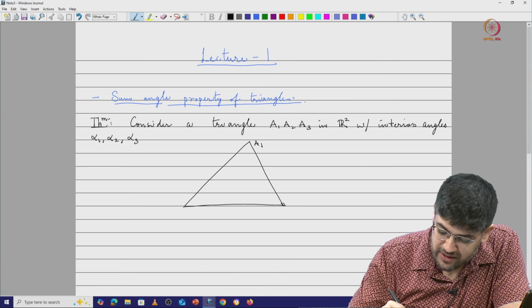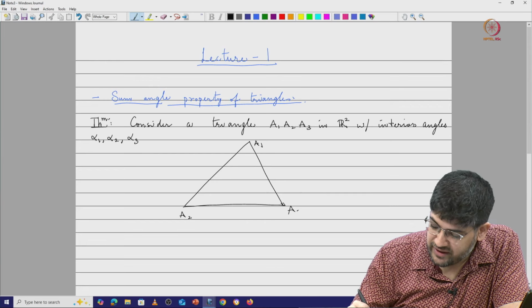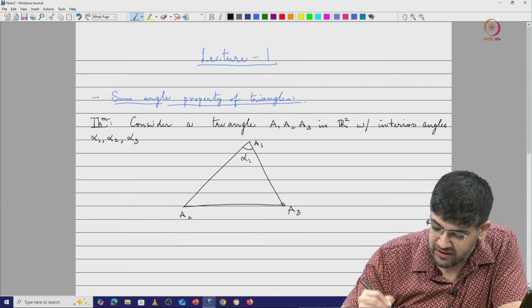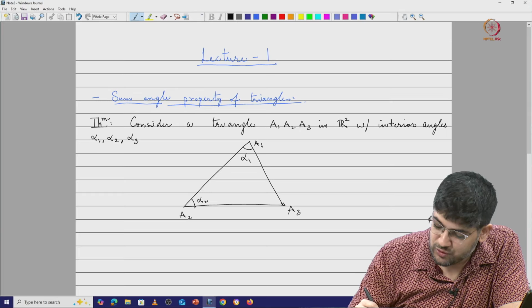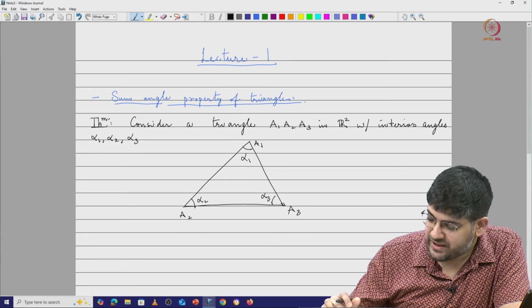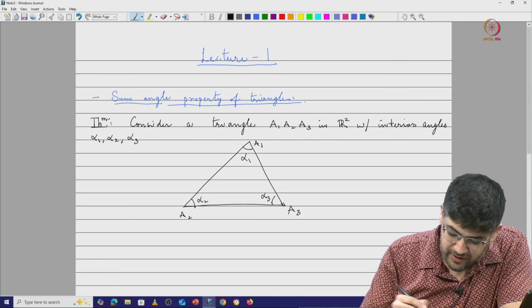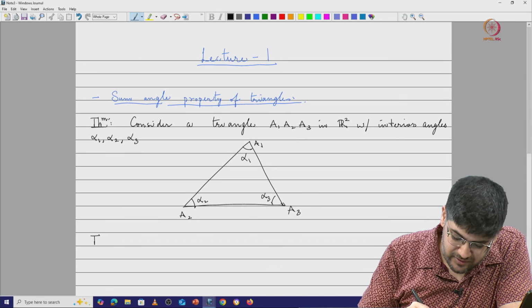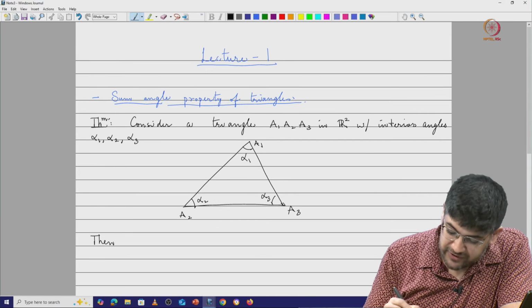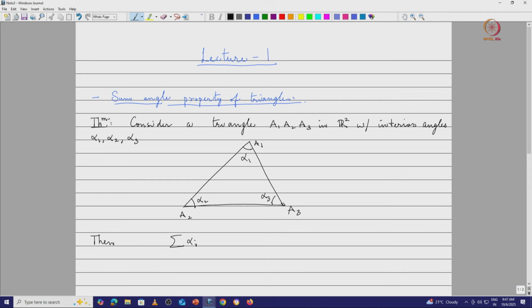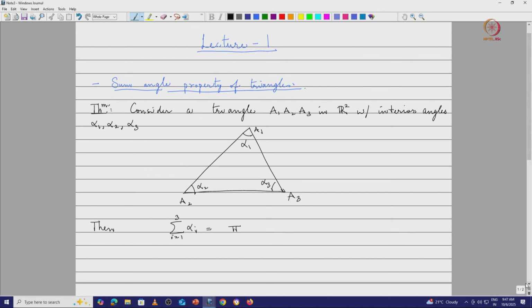So, this is A1, A2, A3, this is alpha 1, alpha 2, alpha 3. Then the sum of angles of the triangle is 180 degrees, or in terms of radians it is pi radians, right.